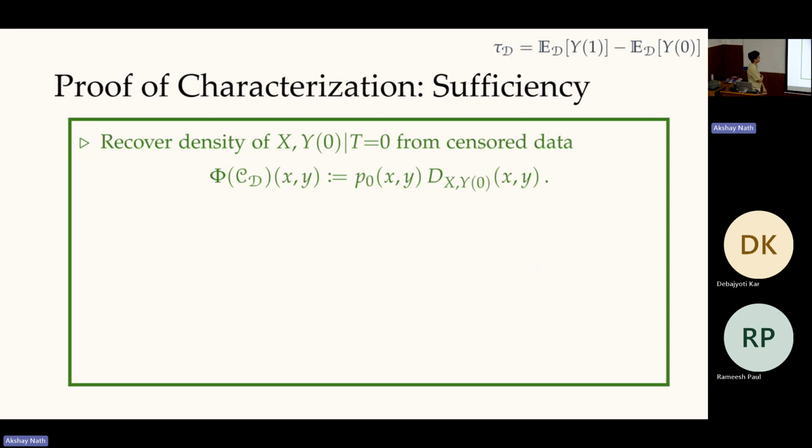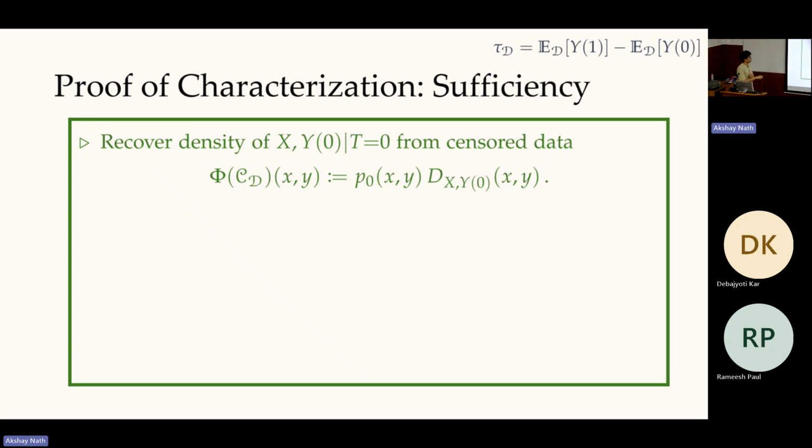So the first step is you just recover the density of X and Y from your censored data when T is 0. The only thing I want you to notice is this is something you can compute from your data. It's literally a statistic of a marginal of your data. And I can factor this probability into two parts. One is the probability that I sampled an X and Y in my original data distribution.